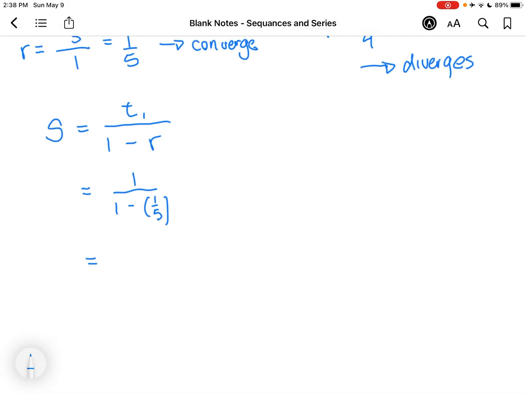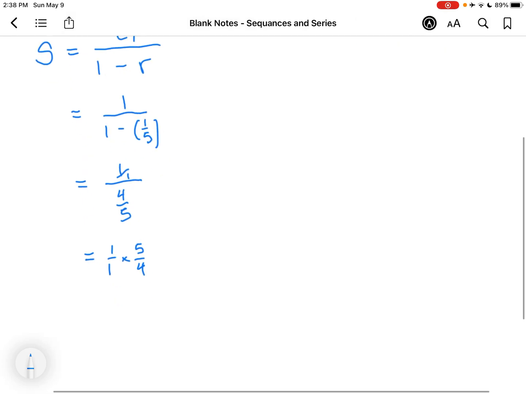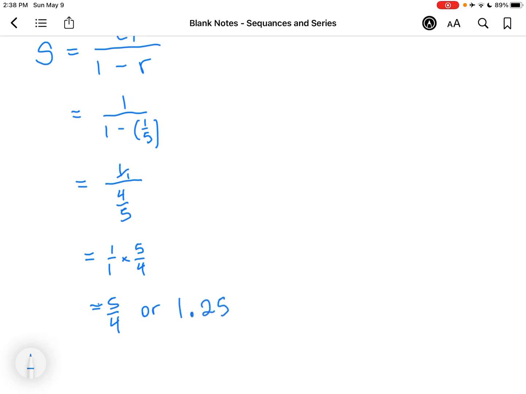That's like 5/5 minus 1/5, which is 4/5. So it's 1 over 4/5, and remember that 1 is the same as 1/1. So you can write this as 1/1 times the reciprocal of 4/5, which is 5/4. And that is 5/4, or if you want to write it as a decimal because this one terminates, 1.25.